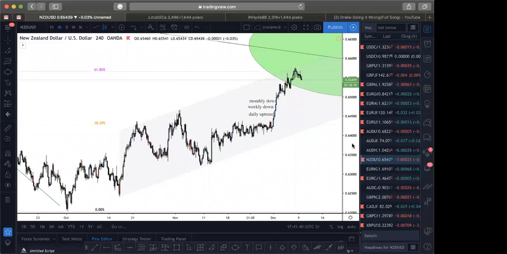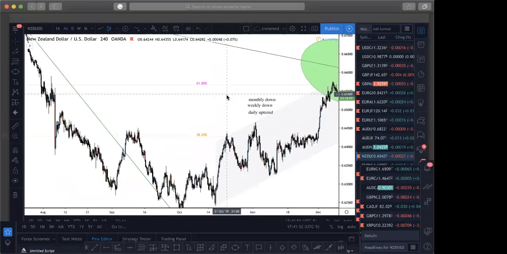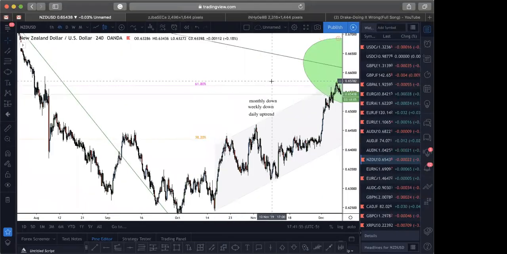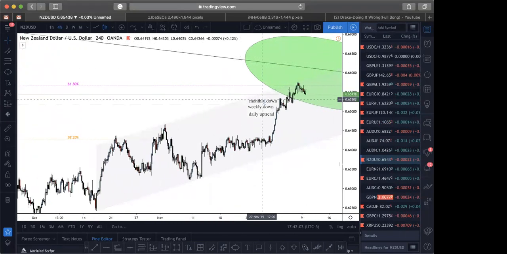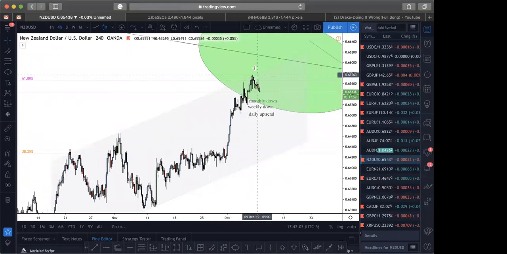And now we have confluence on the 4 hour time frame, because here we can see that we have a 4 hour channel, and the market reacted off the top of the channel. The market didn't just react for no reason. The market reacted here because that's the top of the channel.